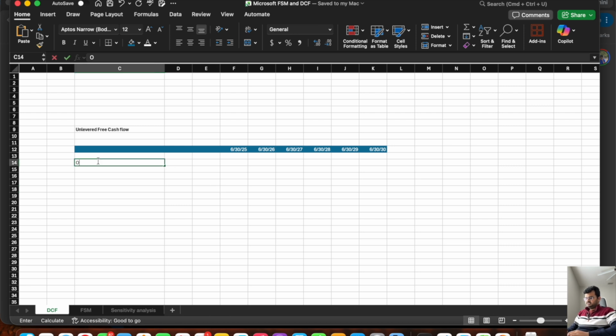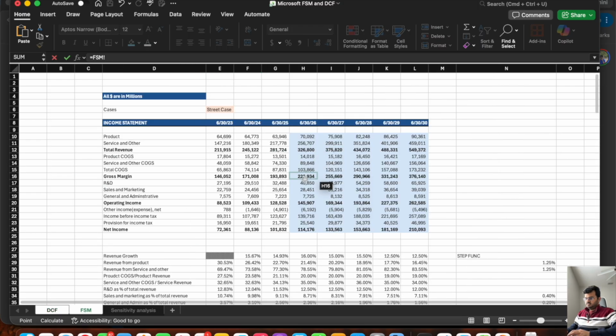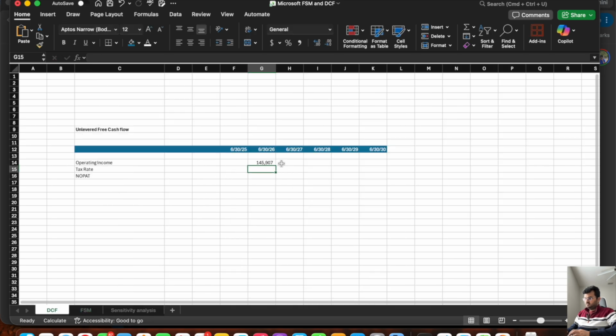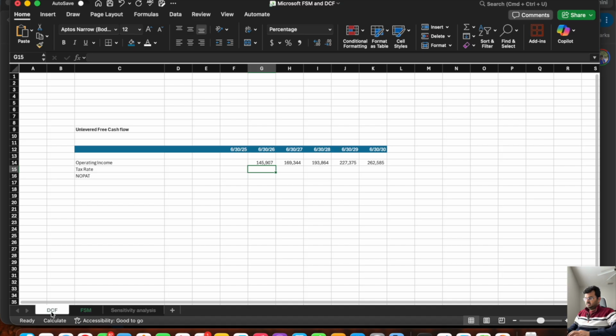Perfect. So first let's get the operating income, then the tax rate which we already got there, and then NOPAT, which is net operating profit after taxes. We'll evaluate what this number is. Operating income is here. Then the tax rate we already calculated, which will be like 18.28% for the next 5 years.